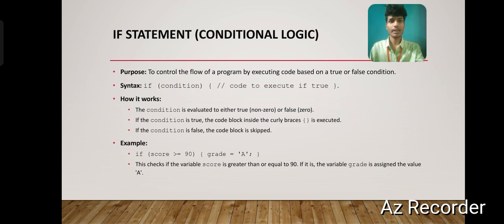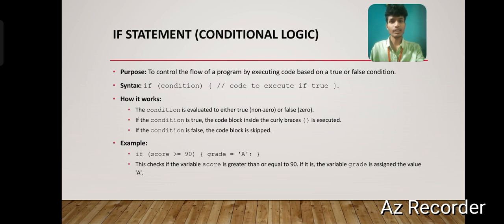If statement condition logic. Purpose: to control the flow of the program by executing code based on a true or false condition. Syntax: if condition, code to execute if true. How it works: the condition is evaluated to either true, non-zero, or false, zero. If the condition is true, the code block inside the curly braces is executed.